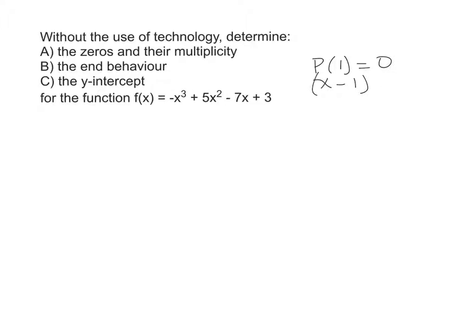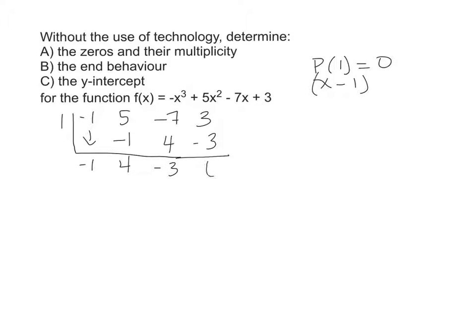We'll do that division with 1, negative 1, 5, negative 7, and 3. Bring down the negative 1 and then multiply, add those together, multiply, add them together, multiply, the remainder of 0.